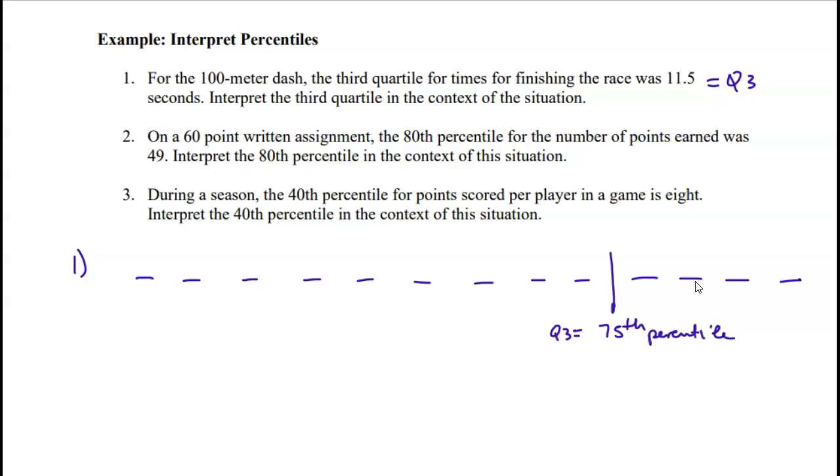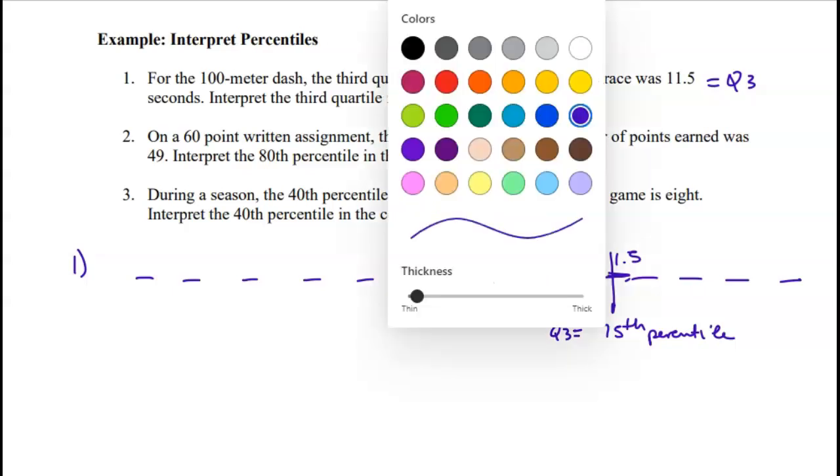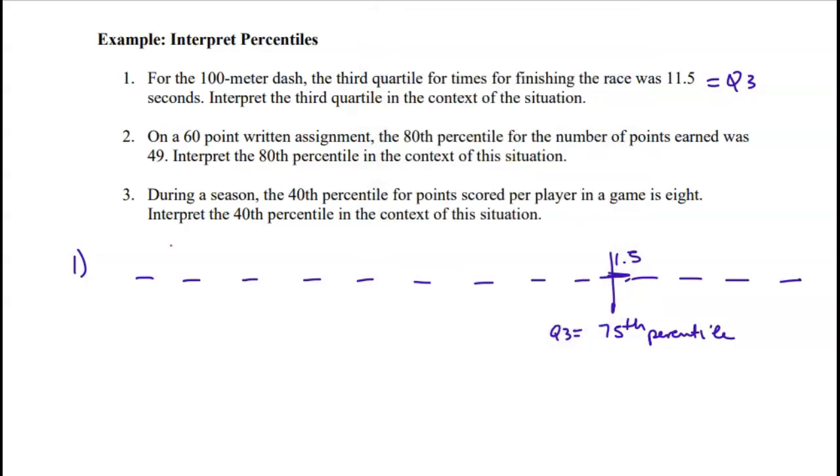And this data point is 11.5 seconds. So that person finished the race in 11.5 seconds. If you look at it, the people with low scores are faster because it takes them less time, and the people with high scores are slower.